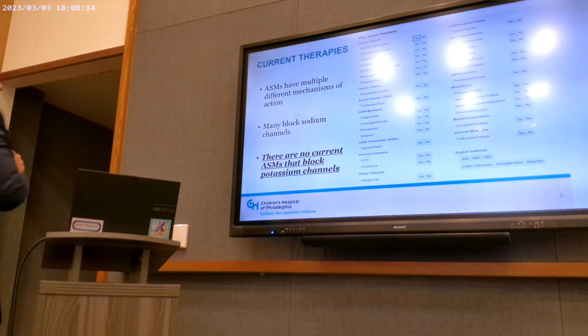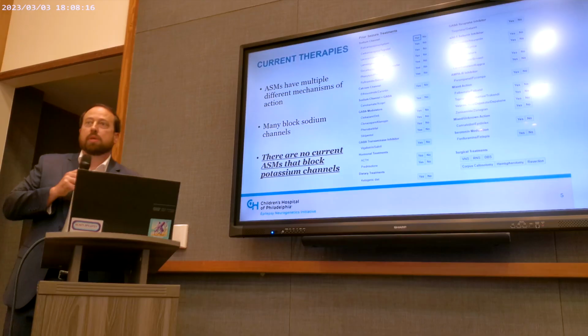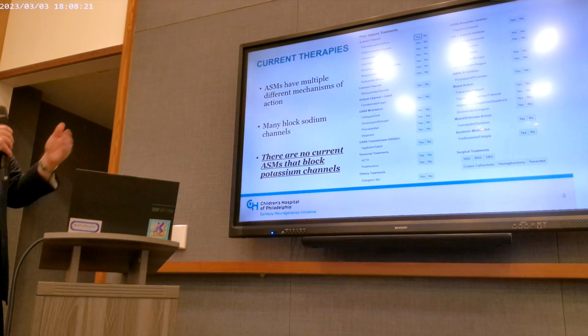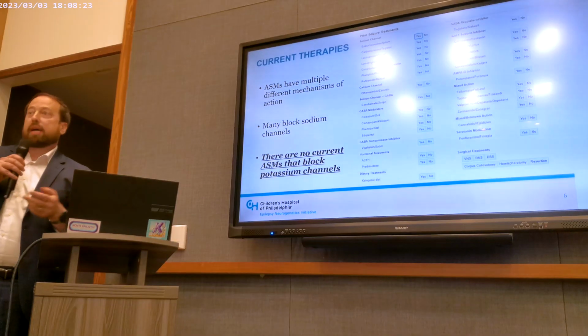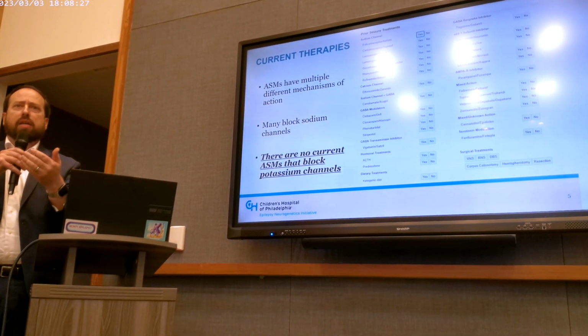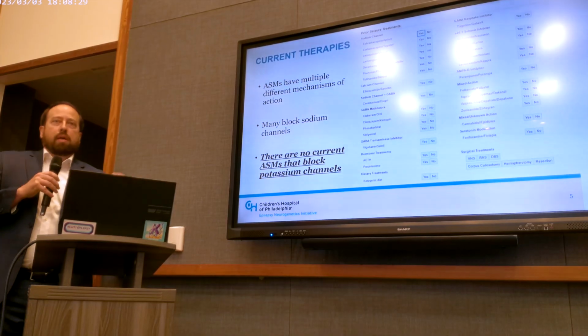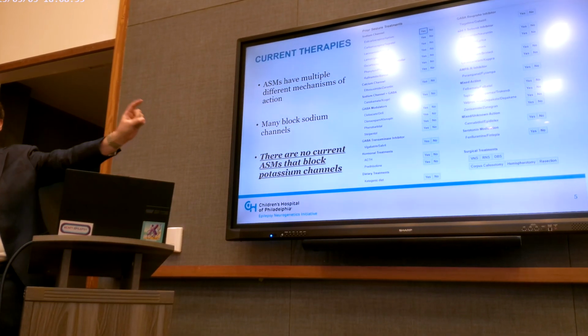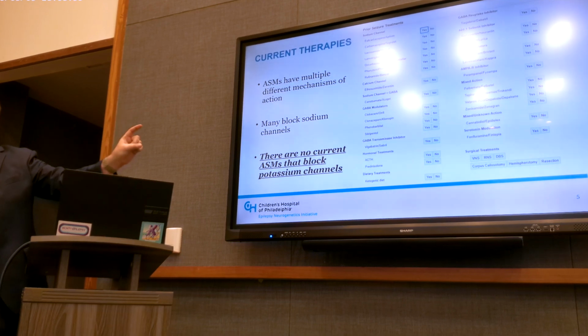We have a lot of therapies that work on GABA receptors. We have a lot of therapies with a variety of different mechanisms of action. We classify them as mixed because they work on a variety of different channels. I know it's small, but there's nothing up there that says potassium.